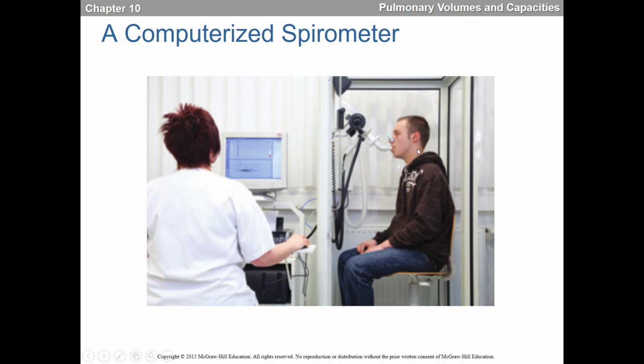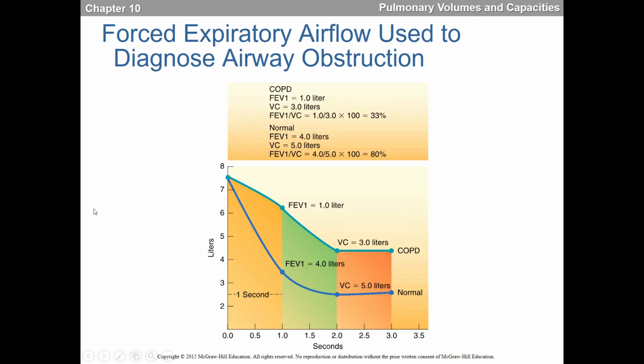It looks something like this. If anybody has ever been tested for asthma or COPD, you'd be aware of what that looks like. Graphically, this is more or less how that looks. Down here is the normal, so forced expiratory volume in 1 second, about 4 liters, so the majority of the vital capacity.